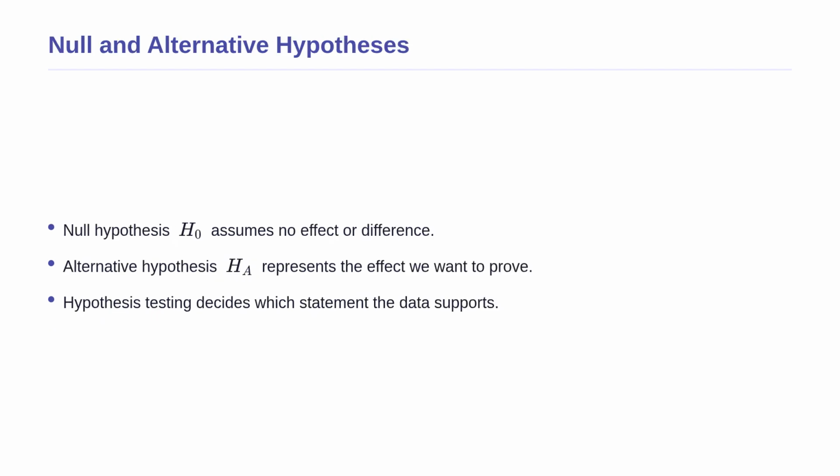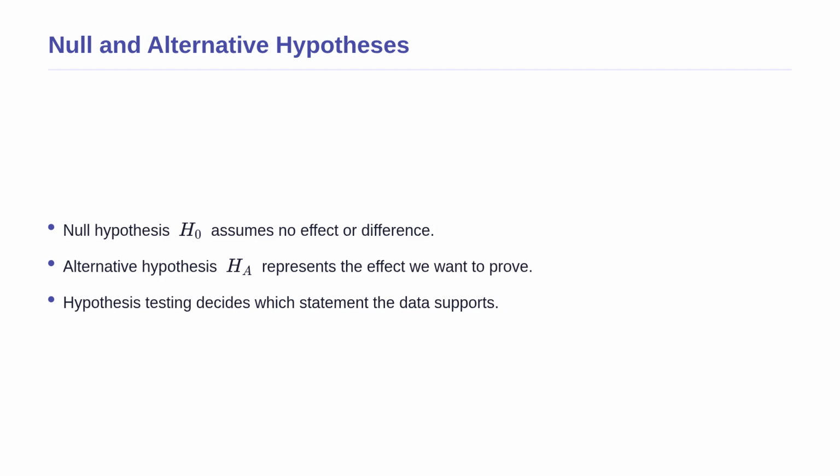Now that we have our analogy, let us look at the formal statistical terms. In any experiment, we always start with a default assumption, called the null hypothesis, denoted as H0. This usually states that there is no effect, no difference, or no disease present. It is the equivalent of presuming innocence.